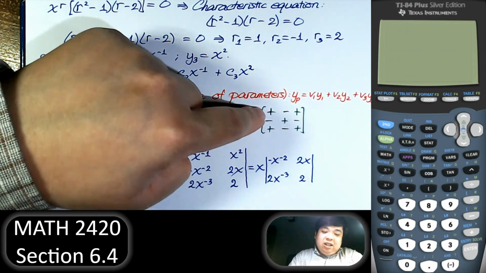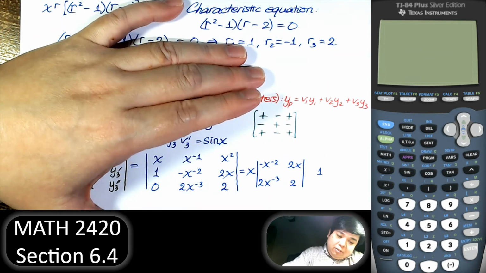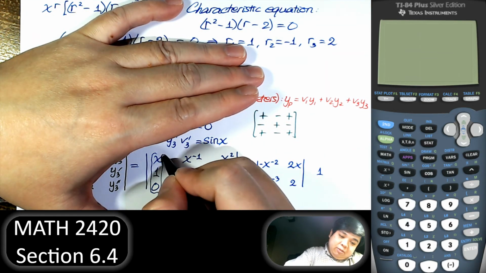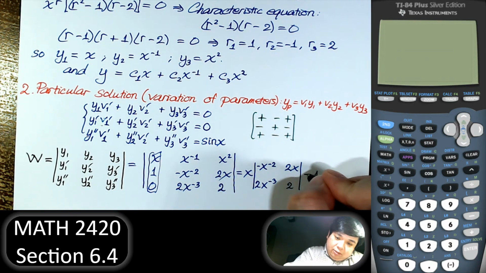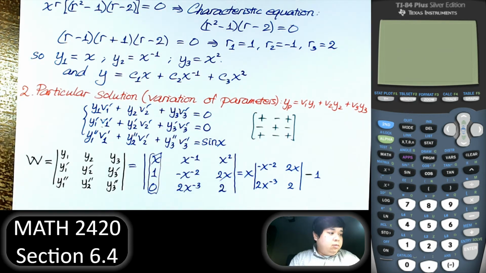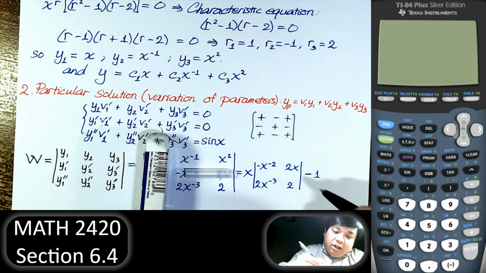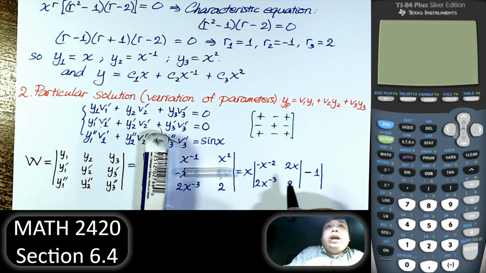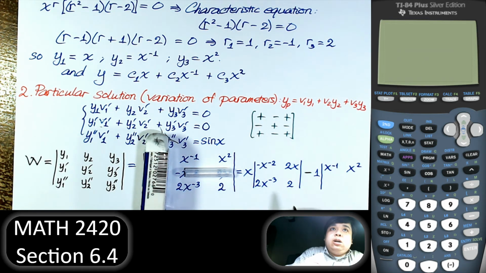The x is sitting on the plus side, so that's what we have. Next, we have 1, evaluating along this column. The 1 is sitting on the minus side, so we cover its row and column. We have x to negative 1, x squared, 2x to negative 3, and 2.